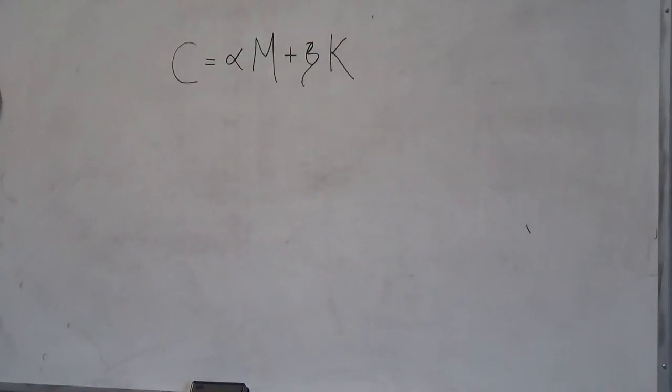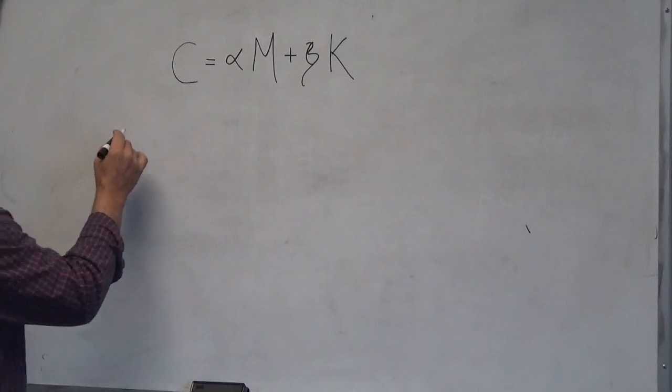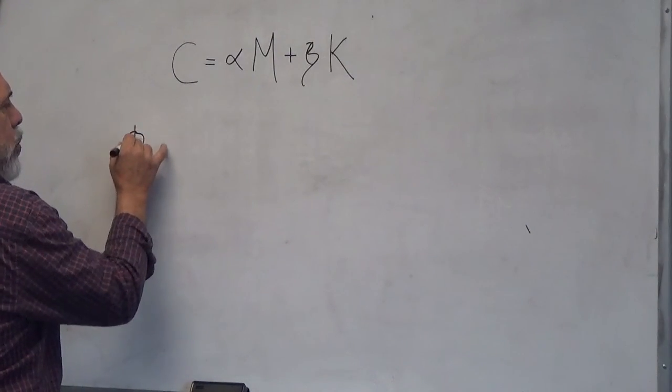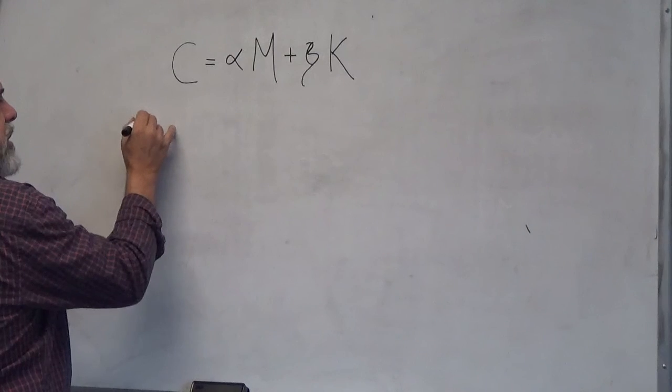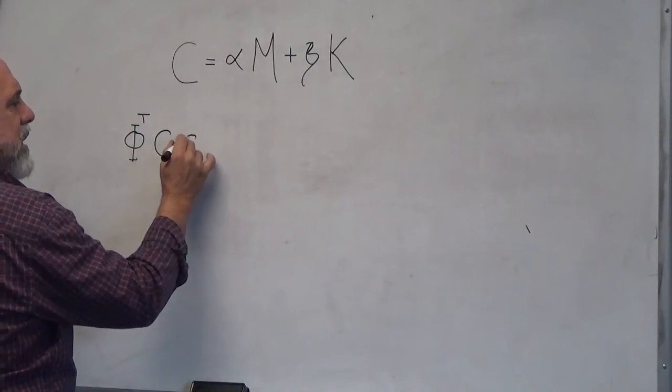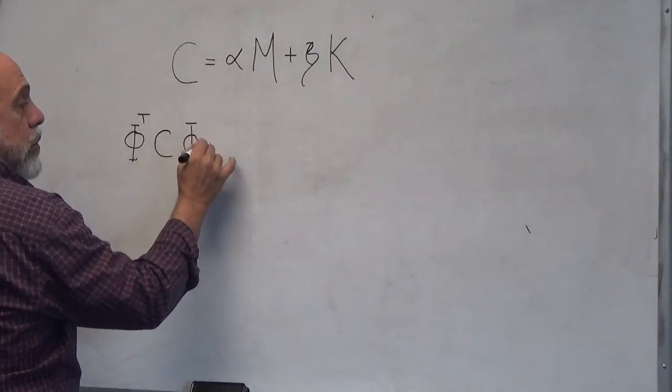Let's say you postulate that. Well, remember, for the damping to be classical, all we need is for the modes transpose times the damping matrix times the modes to be diagonal, right?